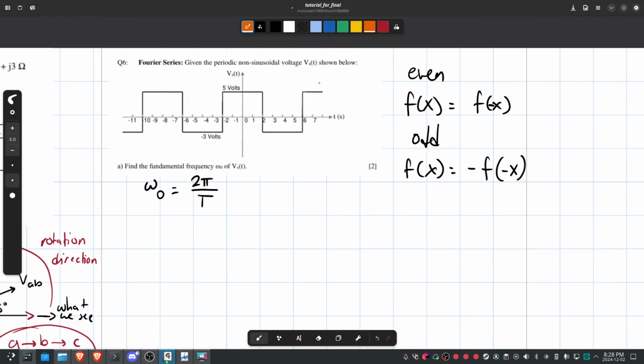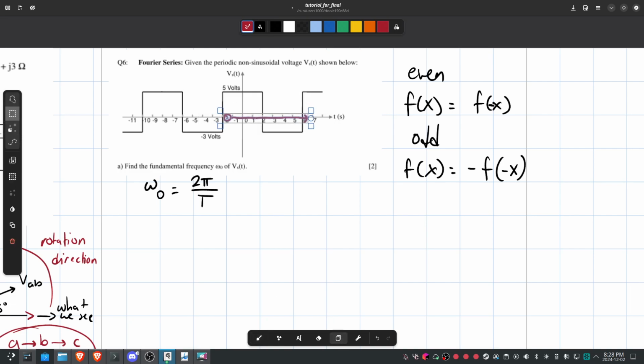Probably. Okay, so what is our period? What I like to do is start on a rising edge like this, or whatever you feel would be the start of the function, and then you keep on going until you hit that same part. As we can see here, from -2 to 6 is the reoccurring formula.